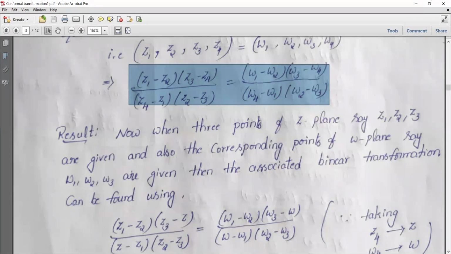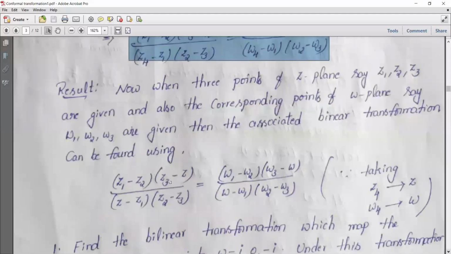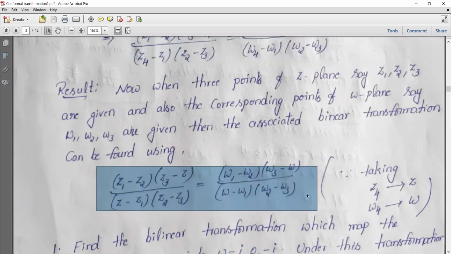We write the cross ratio like this: Z1 minus Z2 into Z3 minus Z, since we don't have Z4 here, by Z minus Z1 into Z2 minus Z3, is equal to W1 minus W2 into W3 minus W by W minus W1 into W2 minus W3.